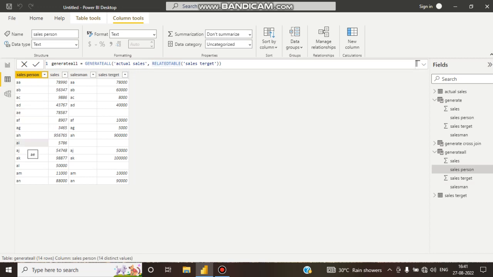AI was not available, AL was not available, but they are coming because of the left join. It gathers all the data from the left table and the common data from the right table only. So this is the difference between the GENERATE and GENERATEALL functions.